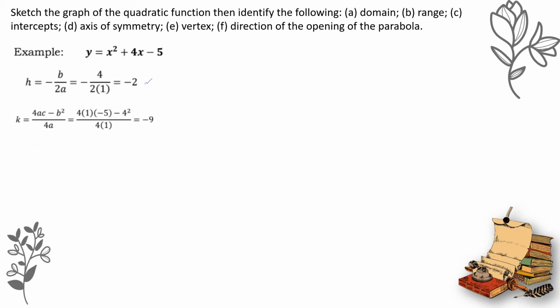And then next, ang k value naman po natin, same lang din. So, isa-substitute po natin. So, this will be 4 times a times c minus b squared, divided by 4a. So, 4 times 1 times negative 5, negative 20, minus 4 squared, that is 16, divided by 4.